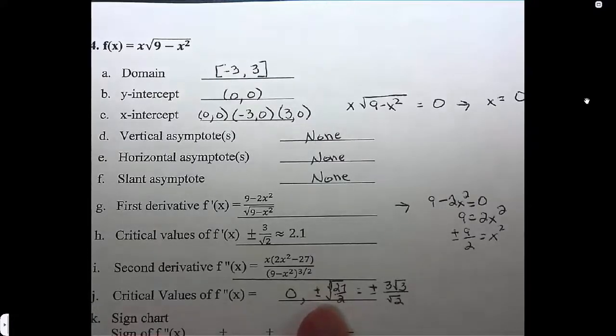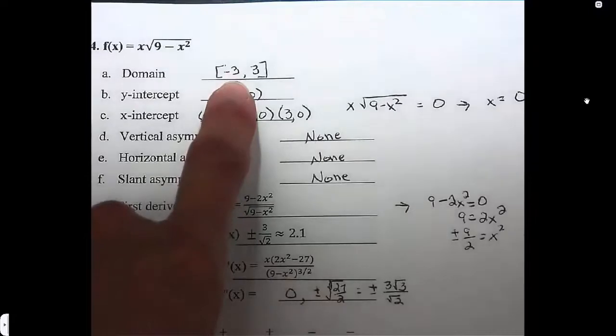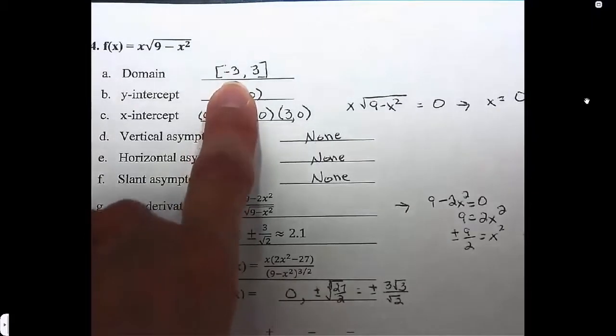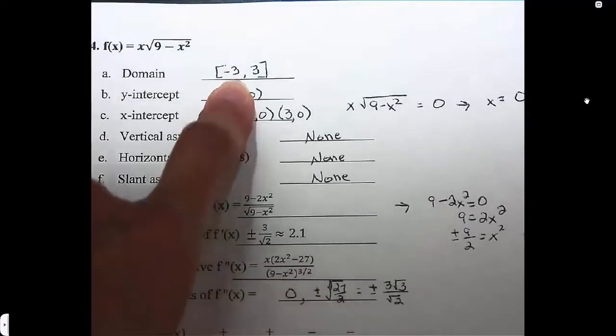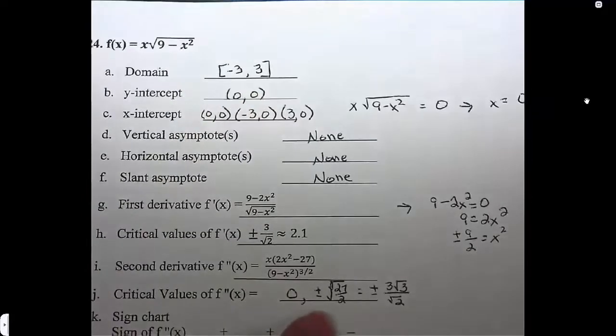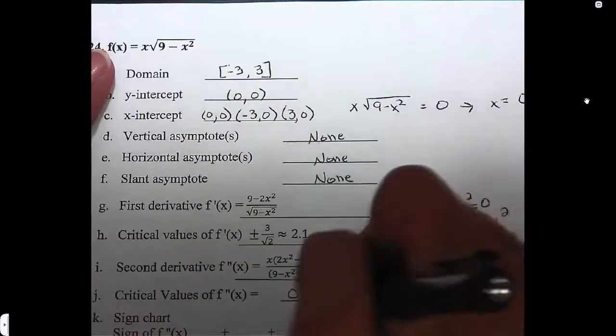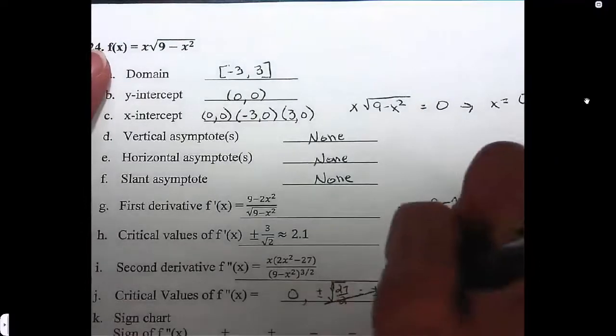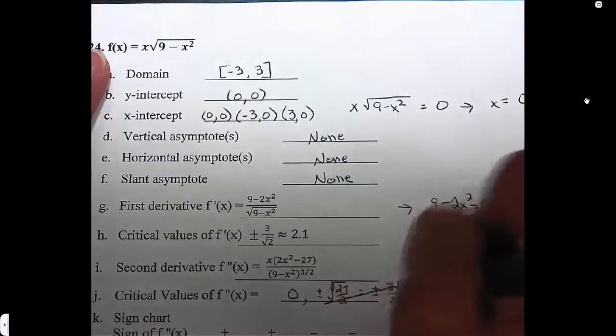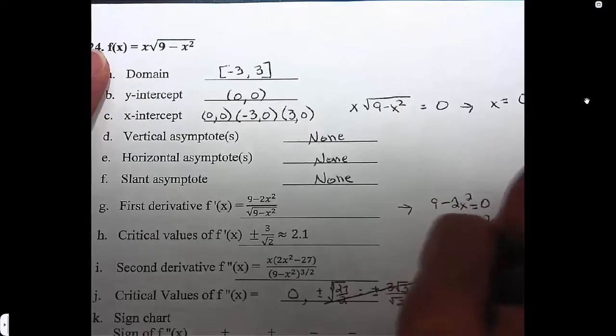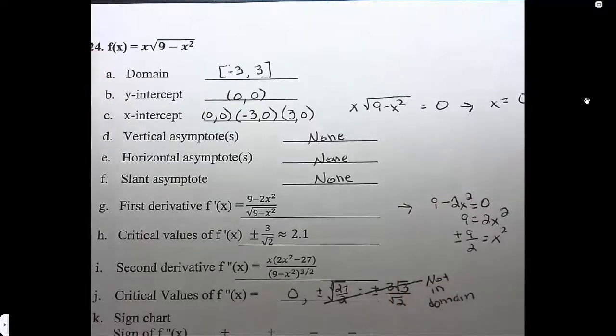That's not even going to be in the domain. That's going to be less than negative 3 or greater than positive 3. So it can't be a critical number if it's not even in the domain of the function. We found it, but I'm just going to say not in the domain. So 0 is the only critical value that's in the domain of the function.